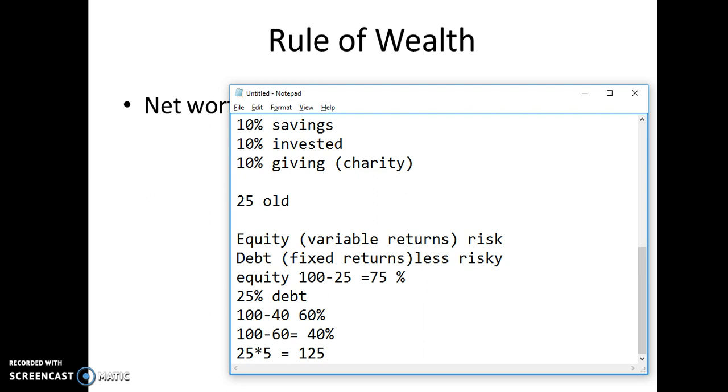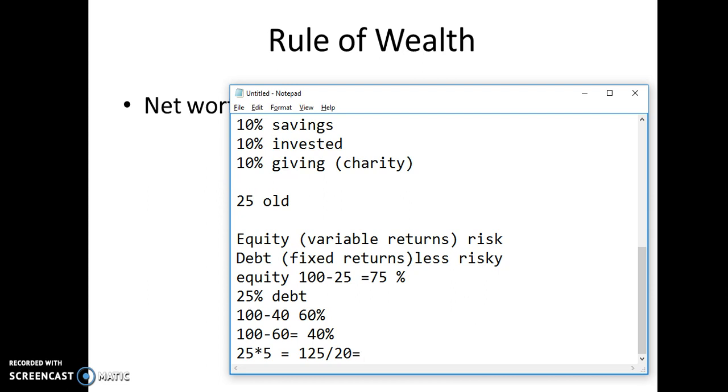This is a variable term and varies from place to place. If you need to be considered as good wealthy, then your net worth at the age of 25 should be around that figure divided by 20, which is a relative divisor term, which comes around 6 lakh rupees.